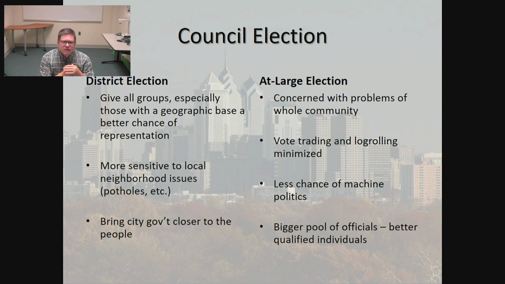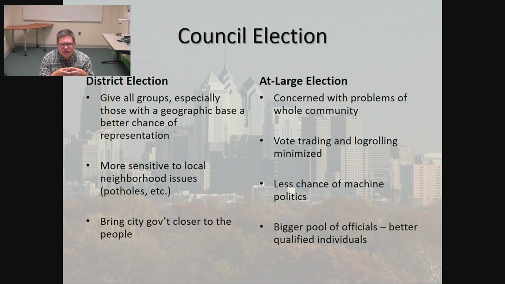Now, what are the pros and cons here? Well, as you might imagine, people that were into government reform, the progressives in the early 1900s, didn't like the district elections. They felt it worked too much to the advantage of the machine politics of the day. But what you see here is that it's particularly good for minorities and ethnic minorities and people that are concentrated in certain neighborhoods, because it gives them somebody who's their voice within city council.